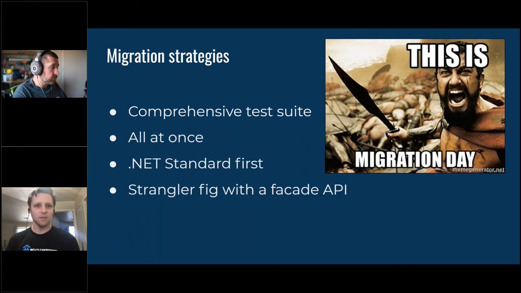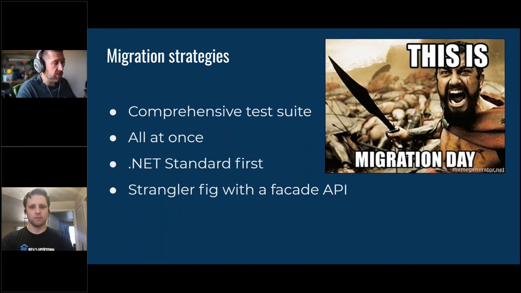Go ahead, Mike. Yeah, so this facade API kind of thing, we've actually used this with success on a number of projects to whittle down some of the old stuff and keep it running and have side-by-side development. Again, the problem when you have one team building something new and one team building something old is how do you keep those two teams in sync?